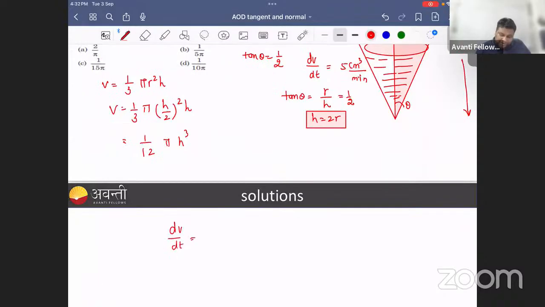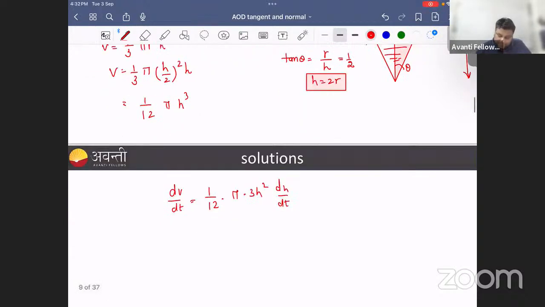So dV by dt is 1 by 12 into pi into 3h square dh upon dt. So dV by dt is 1 by 4 pi h square dh by dt. Am I clear?